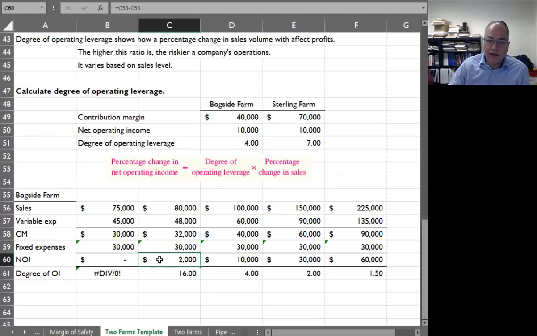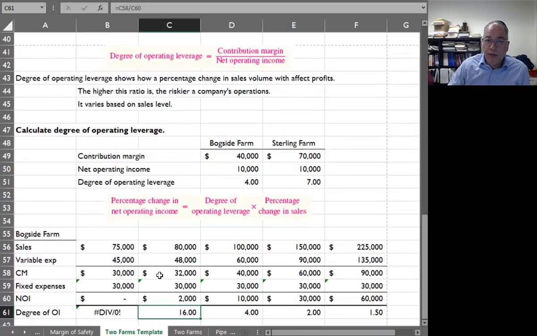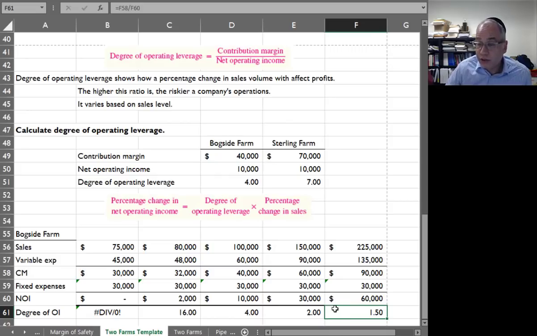Fixed expenses still 30,000. NOI is 2,000. Your degree of operating leverage would be contribution margin divided by net operating income. 32,000 divided by 2,000 would be 16. For 100,000, if we do the same calculations, it would go down to 4. 150,000, it would go down to 2, and 225,000, it would go down to 1.5. So this has kind of a weird property to it, and that makes it a little difficult to handle.